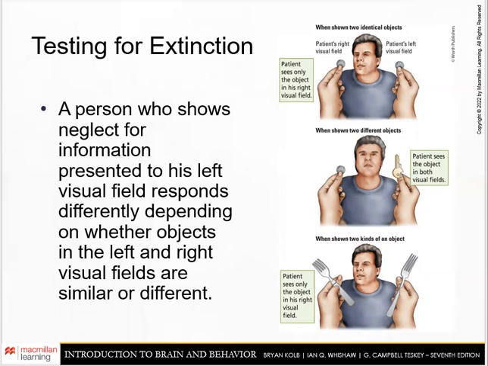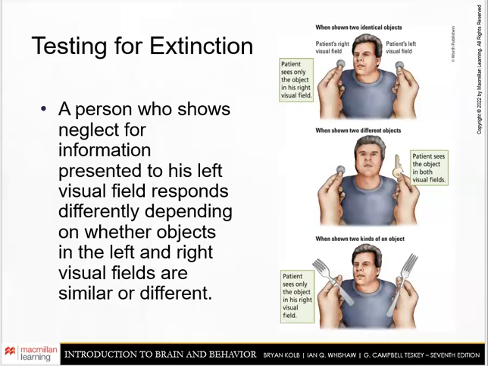Now, what happens if you show the patient two different objects, a coin and a key, let's say? The patient sees the object in both visual fields. So we'd be able to recognize that if we're able to see them in both fields.